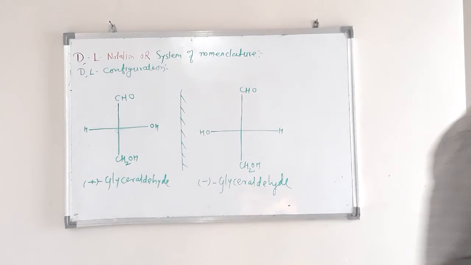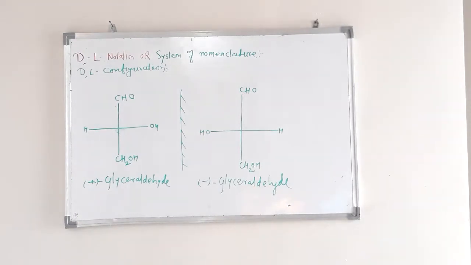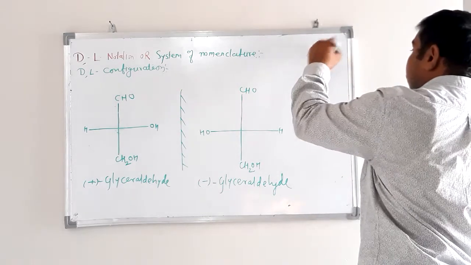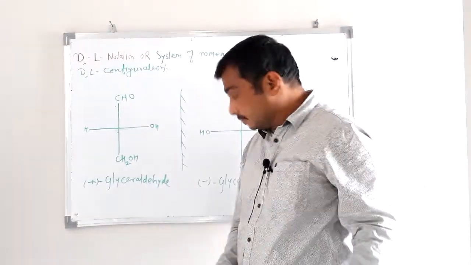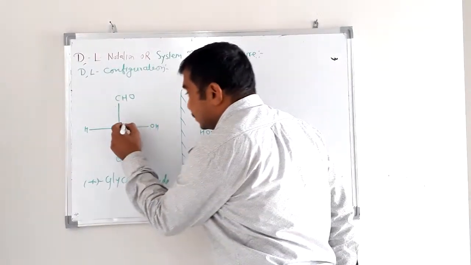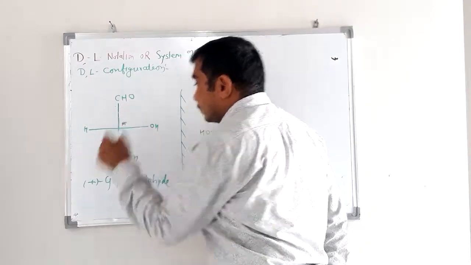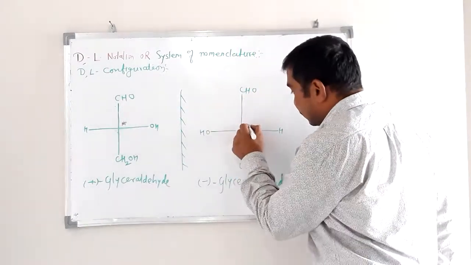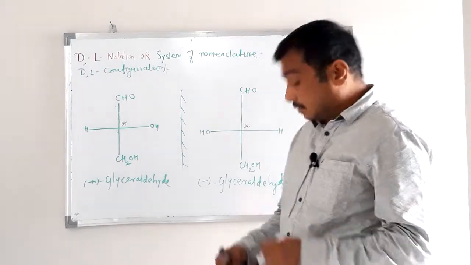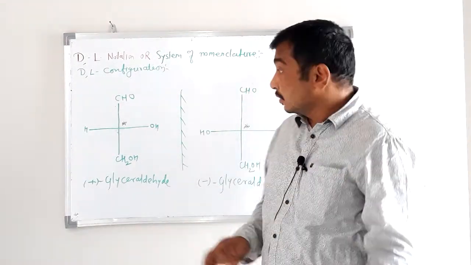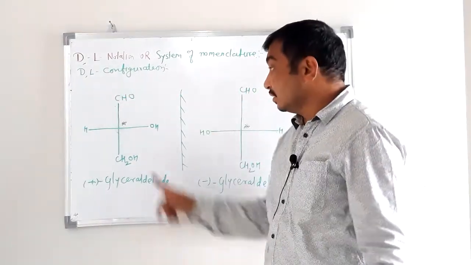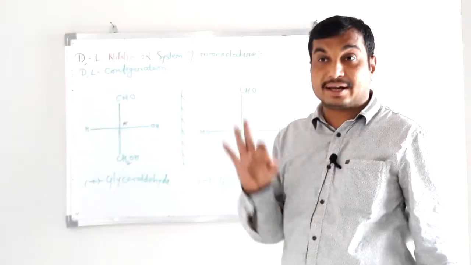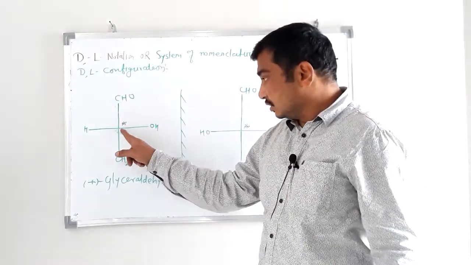See what happened in this glyceraldehyde. This is the chiral carbon atom. Here also a chiral carbon atom. Now in this glyceraldehyde, consider the last chiral carbon atom, the first and the last.